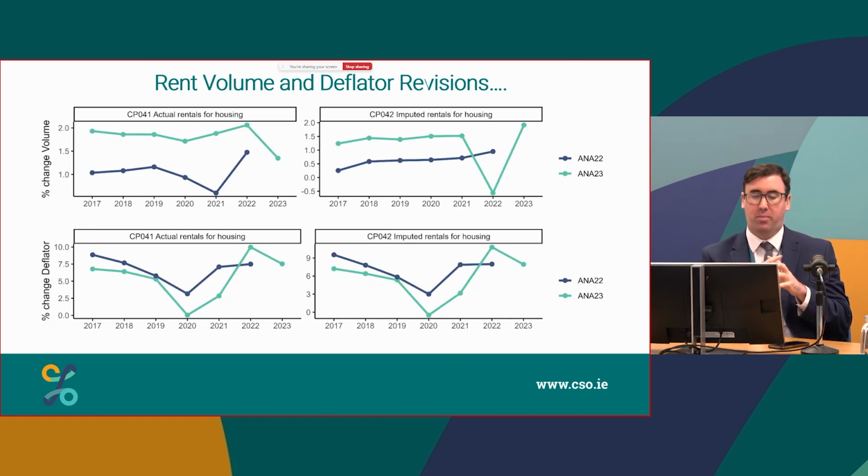The net impact of that was that we revised down our deflators for rent, which you can see along the bottom panel, and we increased volume, with the exception of 2022. I suppose the change in the growth rates isn't massive, but rent has a large weight, so it's having an important contribution to the revision to the PCE growth rate.